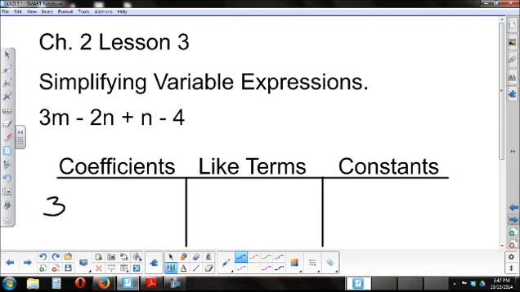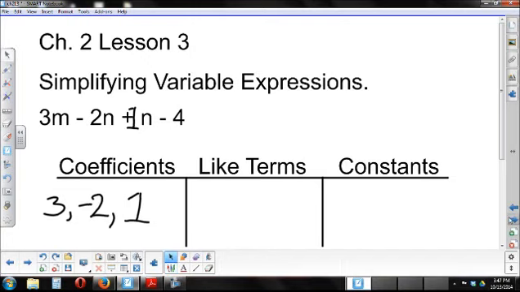There is 3, there is negative 2, and are we done? No, we're not. There's also a 1, because if you remember my good friend Ninja 1, who hides right next to variables without a coefficient, they really do have a coefficient, and it is a 1.